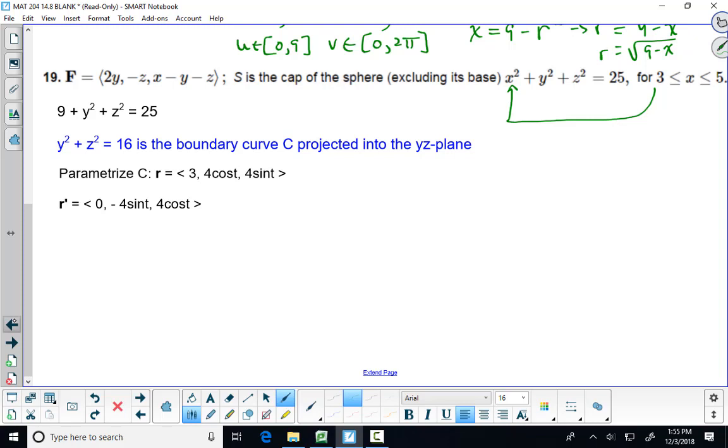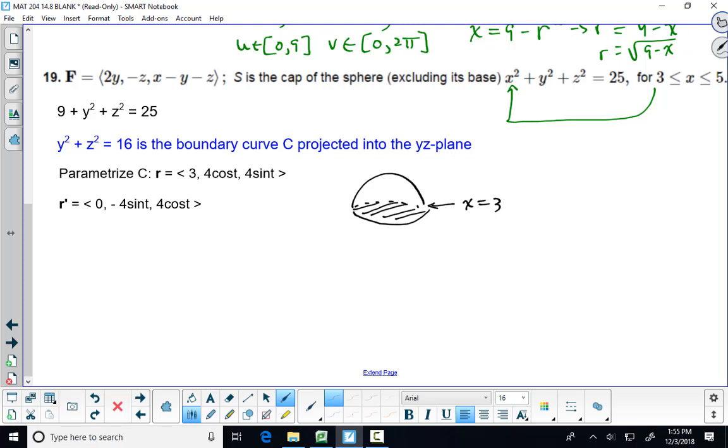So let's parameterize the C, the cap. Now I'm going to just draw it this way, even though it's not this direction, but this is the idea, right? Where this plane is x equals 3, that base. So we're dealing with that little cap, and that plane that forms the base is x equals 3.